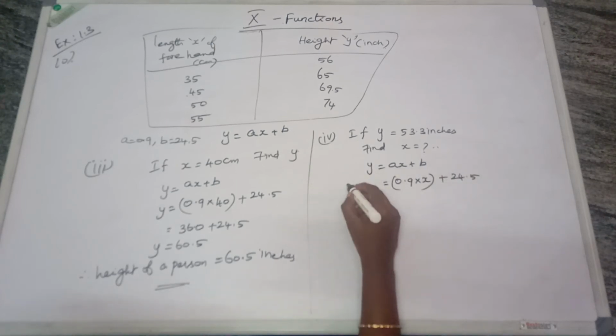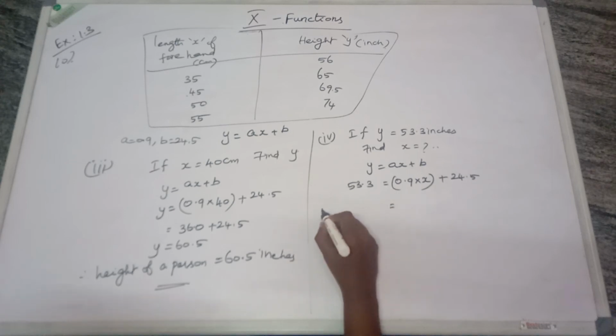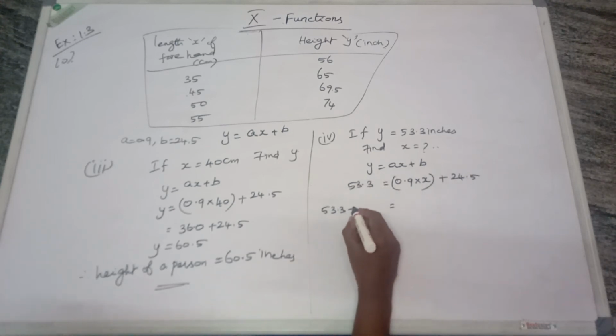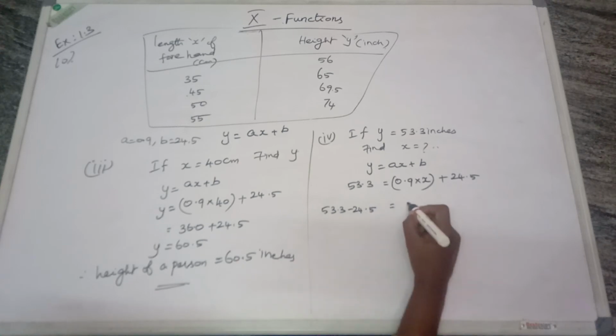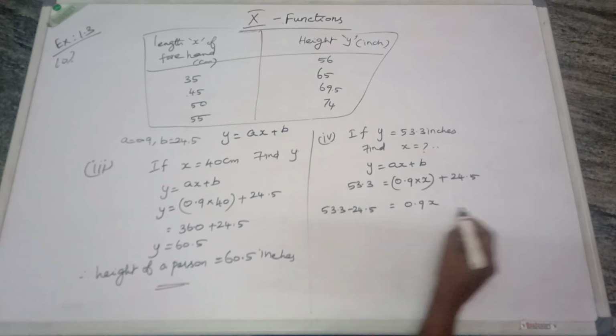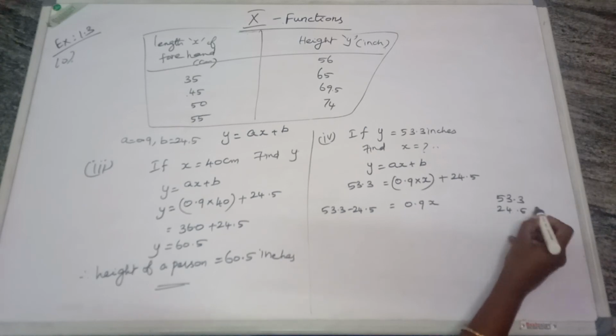So now here 53.3 is there, this 24.5 you have to transpose to the left side, becomes minus 24.5, and 0.9 into x is nothing but 0.9x. You have to subtract 24.5 from 53.3.